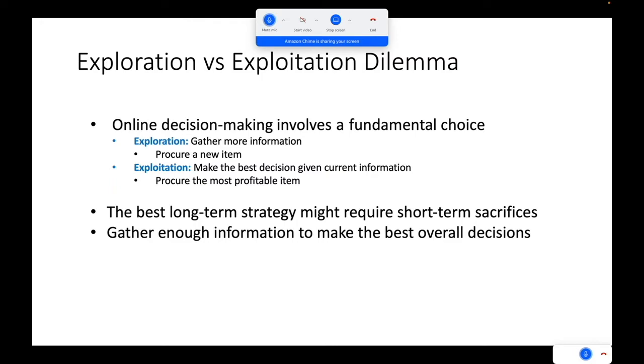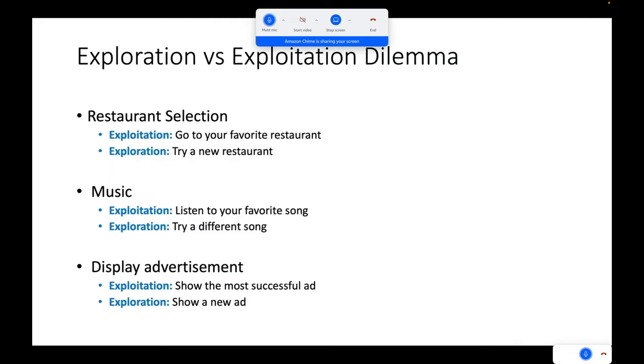So we might be willing to not collect enough rewards in the short term, but this will be compensated when we take the decision many times over a long period of time. The goal here is to gather enough information in the first few iterations, or in the short term, to make overall best decisions.